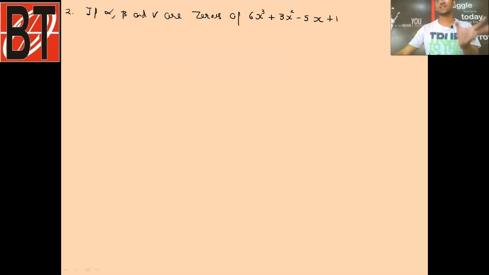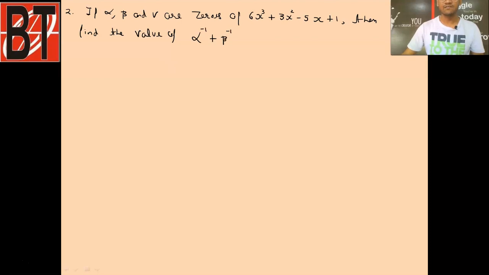If alpha, beta and gamma are the zeros of this polynomial, then find the value of this alpha inverse plus beta inverse plus gamma inverse.